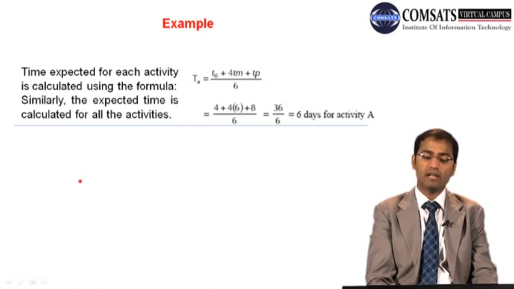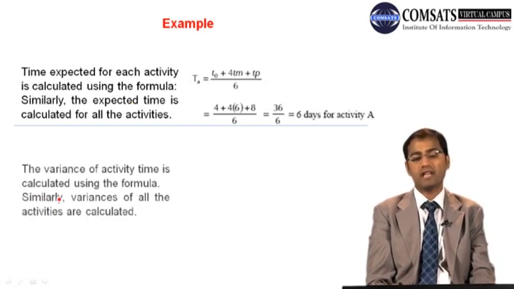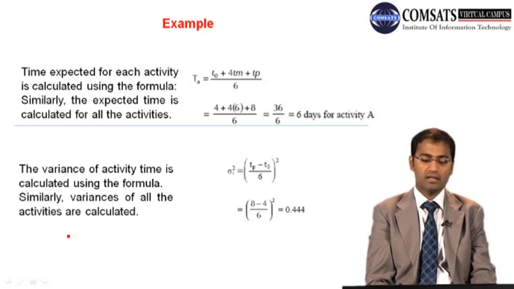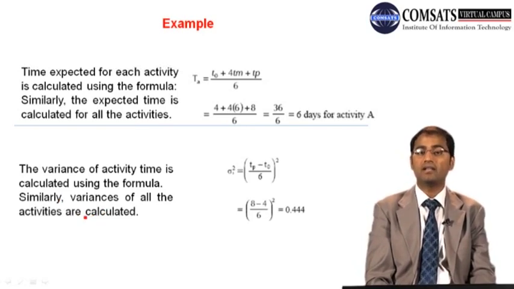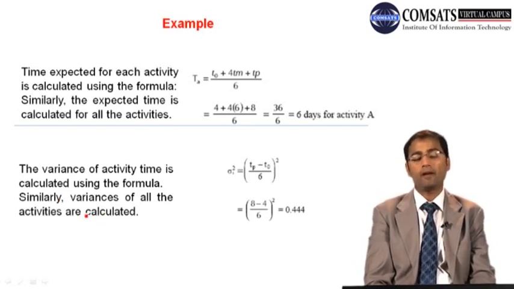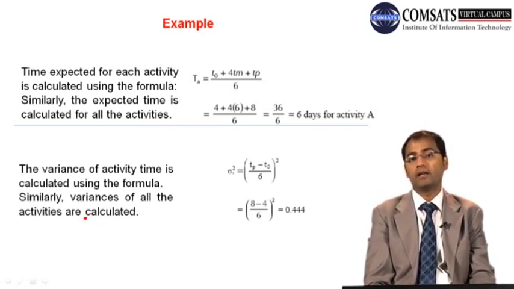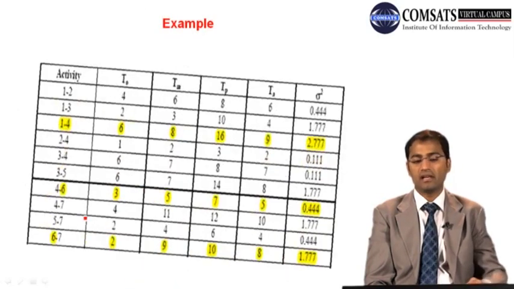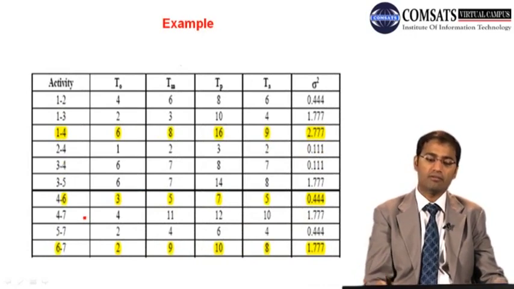Similarly, the expected time is calculated for all the activities, and the variance of each activity time is calculated using the formula. So variances need to be calculated, and then we need to calculate the durations. And this is the final version of the table we have.